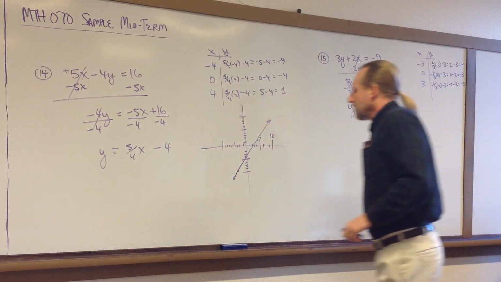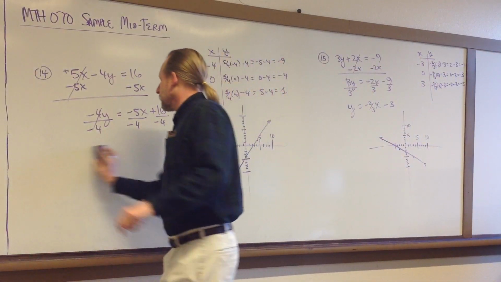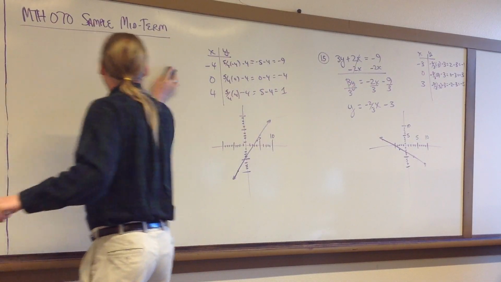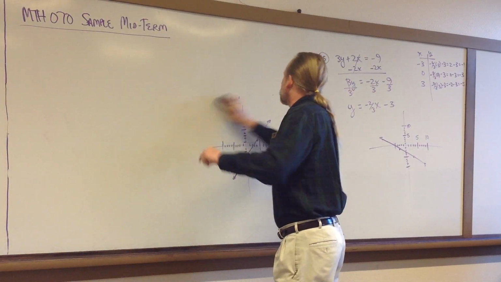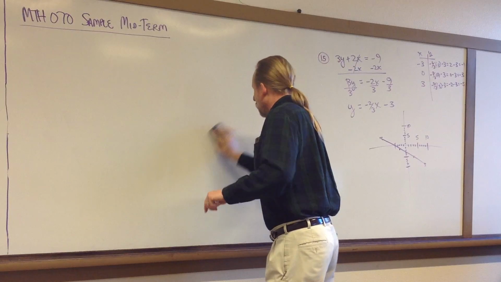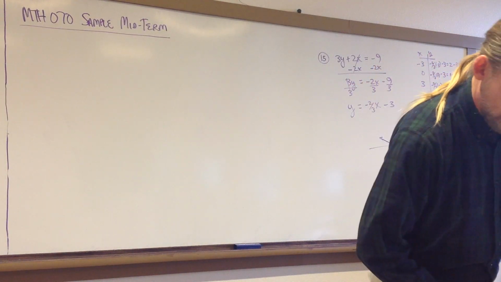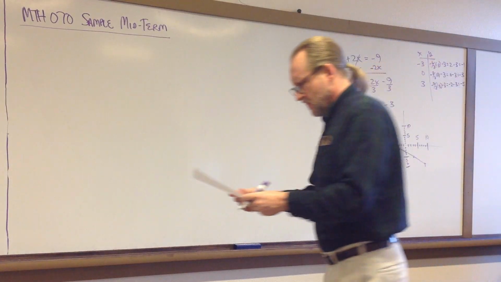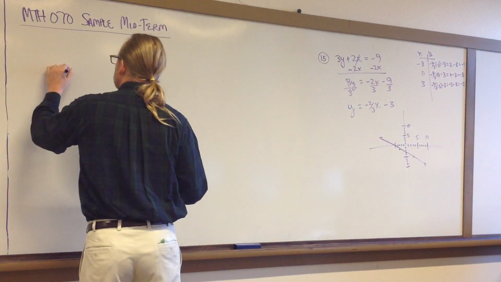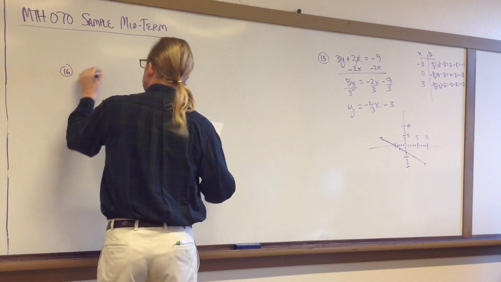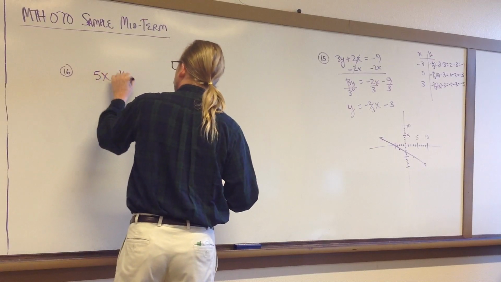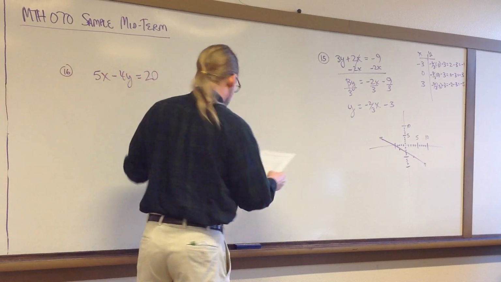Okay, and we got one more question on that last assignment that I just posted about x and y intercepts. And on this one, we don't need to graph it. We're just going to be finding the x and y intercepts. So problem 16, we've got 5x minus 4y equals 20.